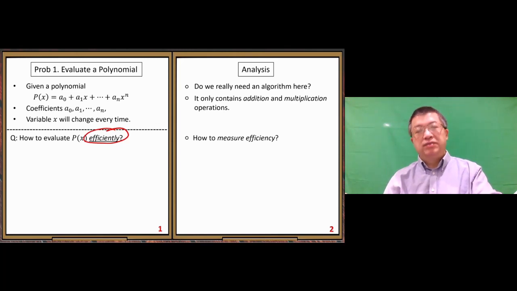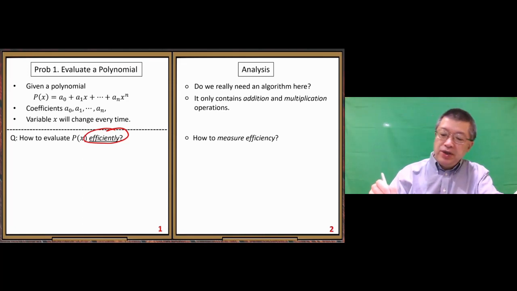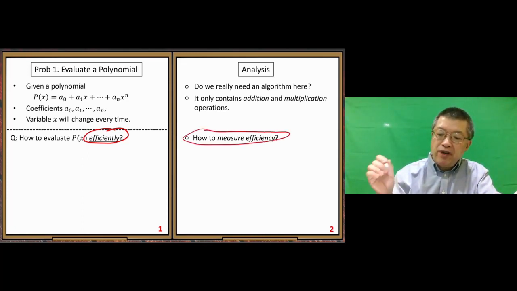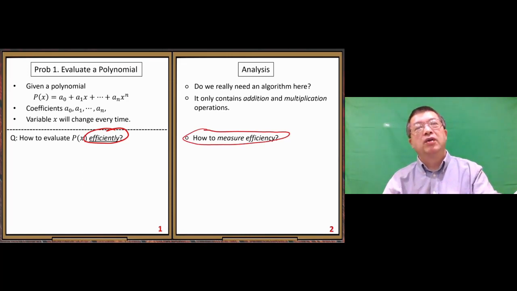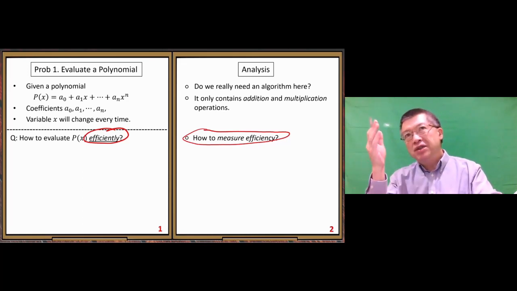Now, in order to answer the question of whether your algorithm to solve this problem is efficient or not, you need to answer this question: how to measure efficiency. What do you mean by efficiency? What is the measure of efficiency here?